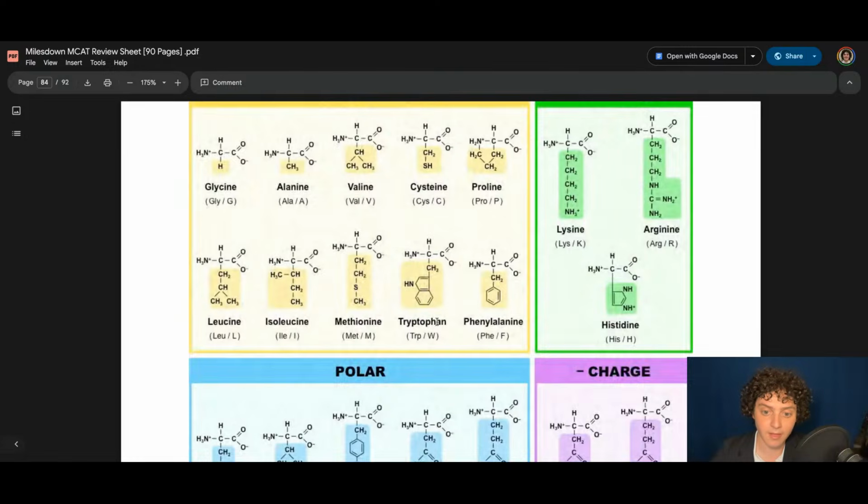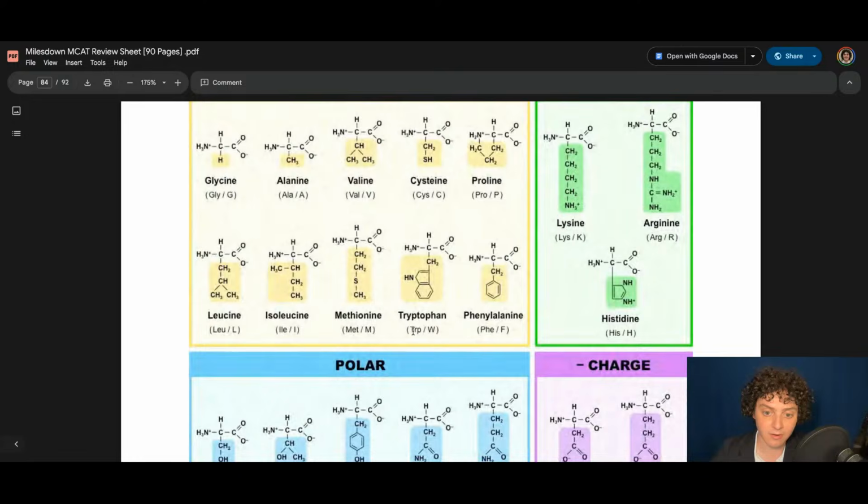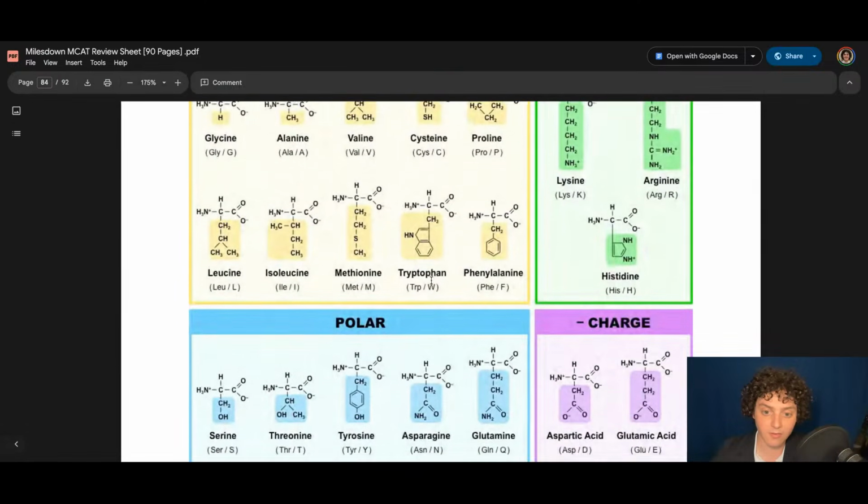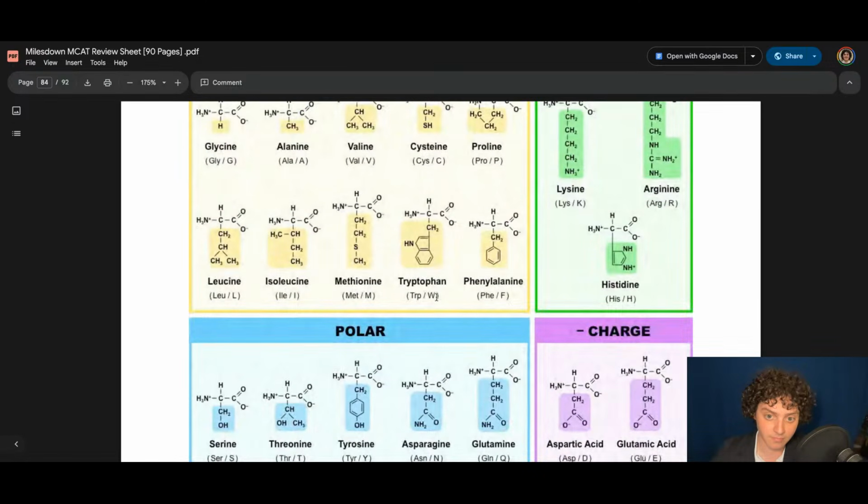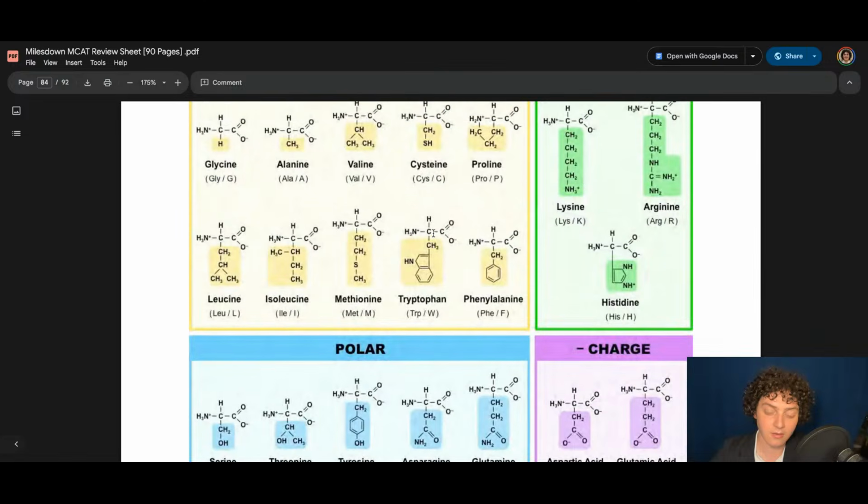Tryptophan has a 3-letter abbreviation of TRP, a 1-letter abbreviation of W, and an R group that includes a CH2 and then a 2-ring structure, one of which is a 5-membered conjugated ring, which includes one amino group as one of the 5 members, and then a 6-membered conjugated carbon ring with only carbon atoms.